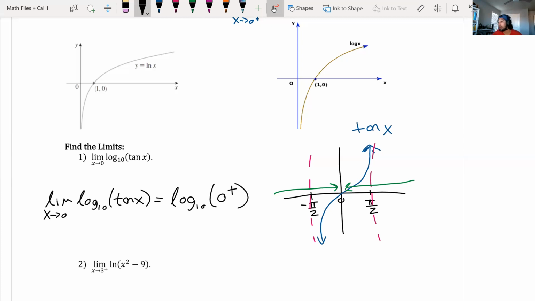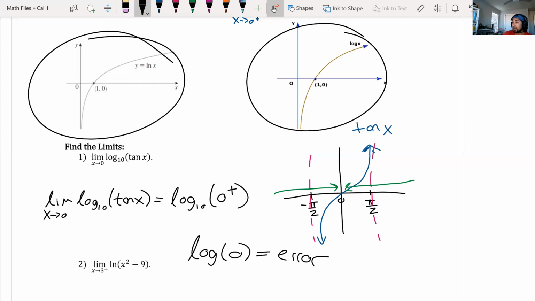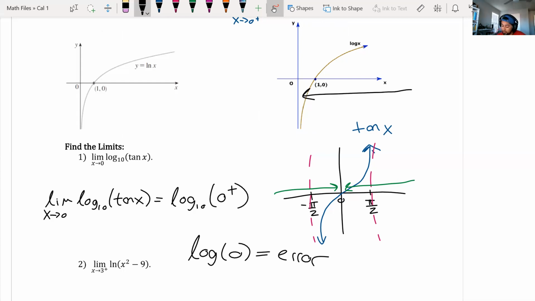Now there's a reason for this, because can you take the log of 0? No, right? The log of 0 will always give you an error. And the reason I'm writing 0 from the right is based on our log graphs from above. Can you actually pass 0 on the log function? No. If you ever approach the log or natural log function from the right, y is always going to head towards what number?